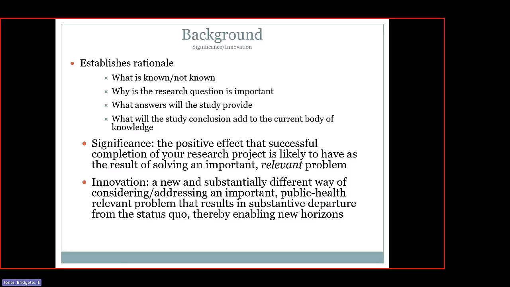And then innovation is about what you are doing that is new or novel: a new and substantially different way of considering or addressing an important public health relevant problem that results in a substantive departure from the status quo, thereby enabling new horizons. So these are two areas that you might consider addressing in your discussion.